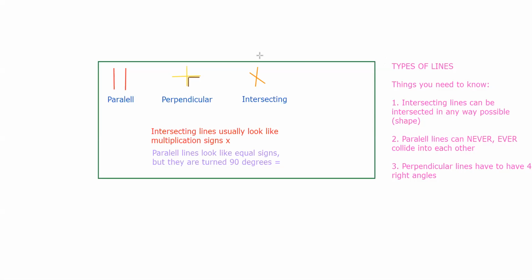Then let's do the next one in a different color. I'm going to choose this one right over here. So there's another 90-degree angle, and here there is one more 90-degree angle.